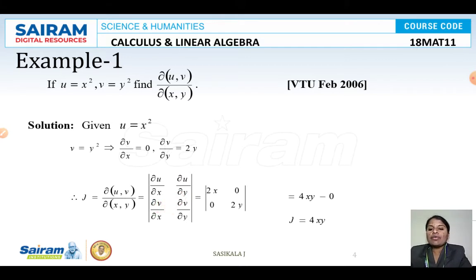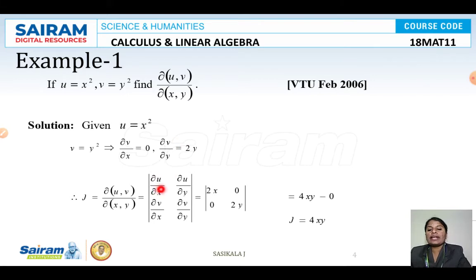Now, what is given? u is equal to x squared and v is equal to y squared. Differentiate with respect to x: dou v by dou x is 0 since there is no x, and dou v by dou y, differentiating y squared, gives 2y. Similarly dou u by dou x will be 2x and dou u by dou y will be 0.